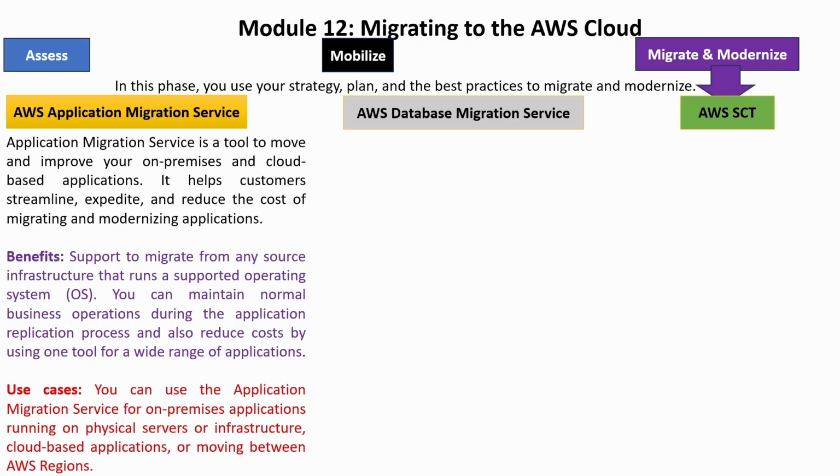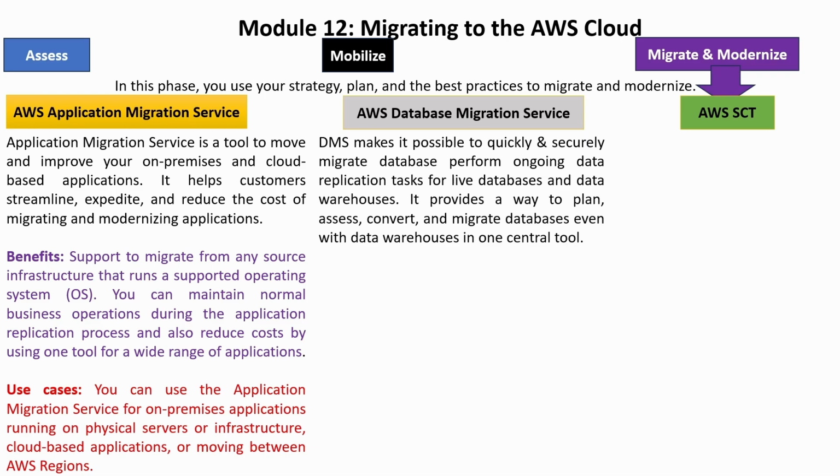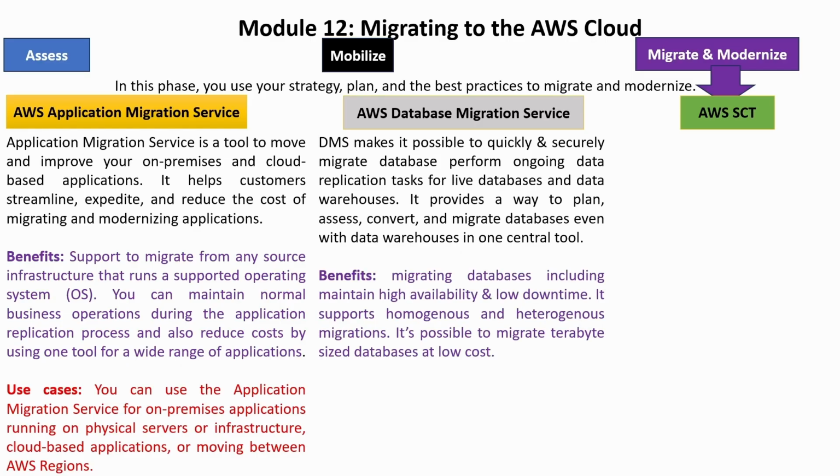Next up is AWS Database Migration Service. It makes it possible to quickly and securely migrate databases and perform ongoing data replication tasks for live databases and data warehouses. It provides a way to plan, assess, convert, and migrate databases, even data warehouses, in one central tool. AWS DMS provides benefits for migrating databases, including maintaining high availability and low downtime during the migration process.